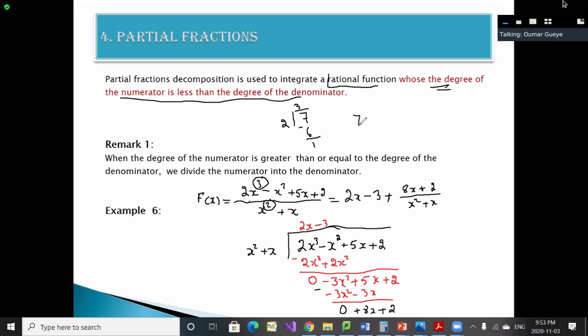So it means 7 over 2 is equal to the result of your division, which is 3, plus the rest over the denominator. So the rest is 1 over the denominator. You can see when you calculate the common denominator, 2 times 3 is 6 plus 1, 7 over 2.